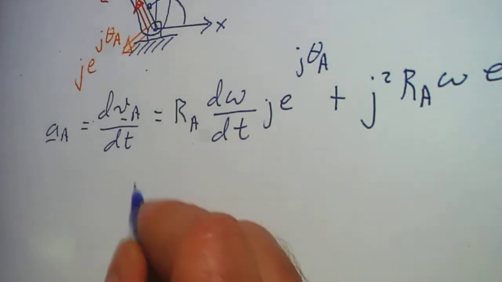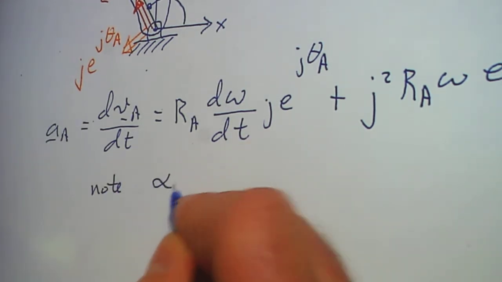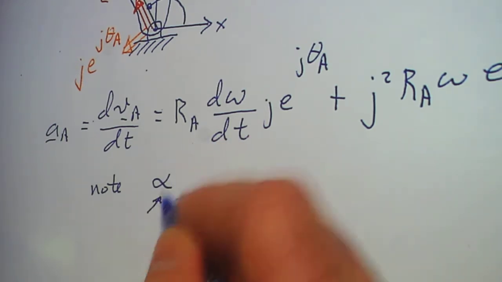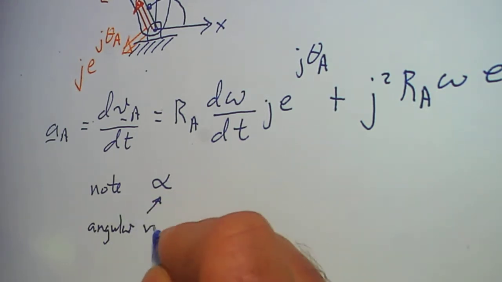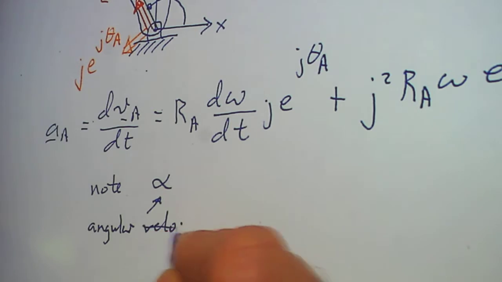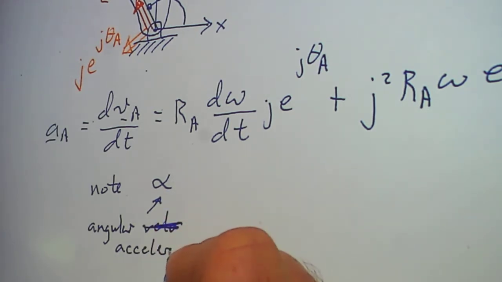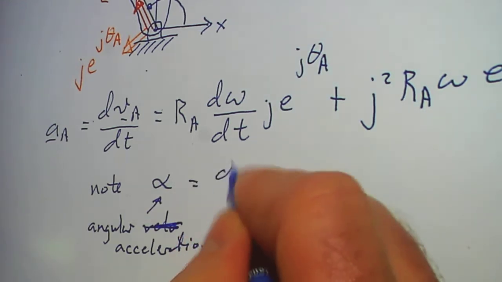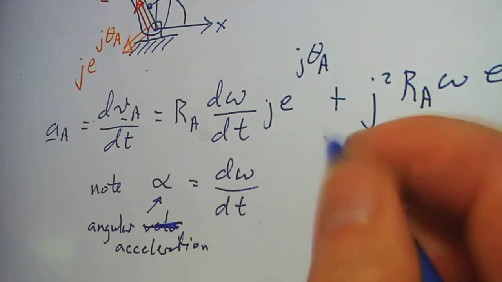And if I note that I define alpha, which is the angular acceleration, I'm sorry, is equal to the change of angular velocity with respect to time.